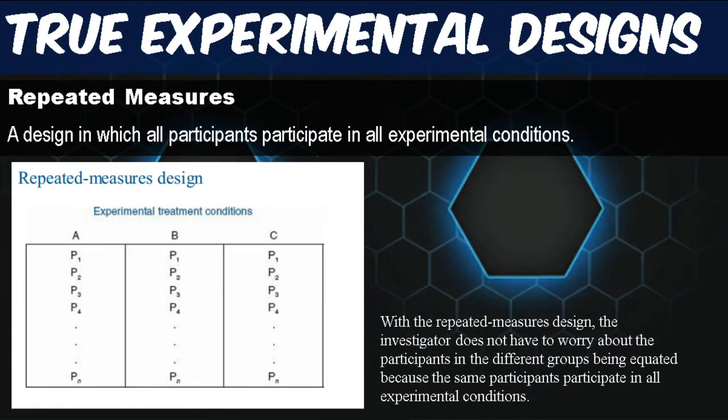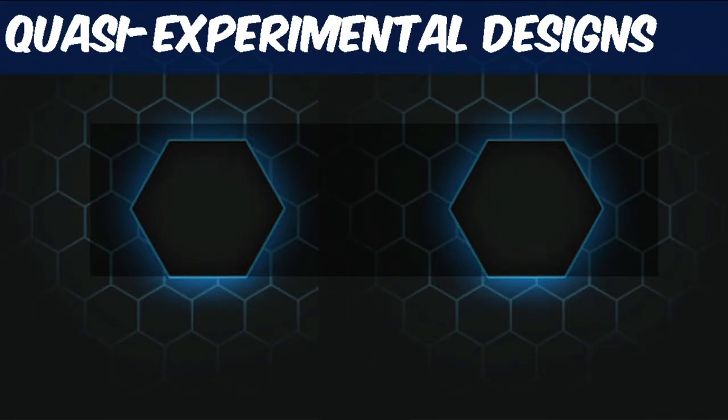Technically you have more than 2 comparison groups, but the subjects that were used are just the same. And if you remember the technique mentioned a while back, counterbalancing, that is applicable to this particular design. Those are the 4 true experimental designs.